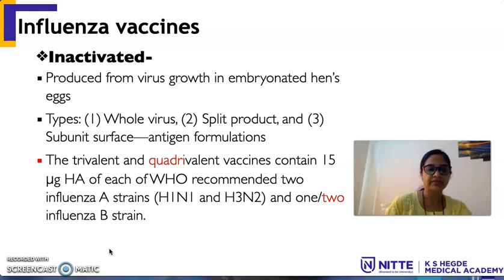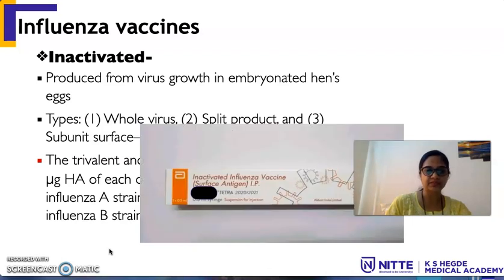Trivalent and quadrivalent vaccines are available for use in India. So the present year we do have a quadrivalent vaccine which contains 15 mcg of HA of each WHO recommended strain, 2 influenza A strains and 2 influenza B strains. So this is a particular vaccine available. If you can see, this is the tetra, that is the quadrivalent vaccine.